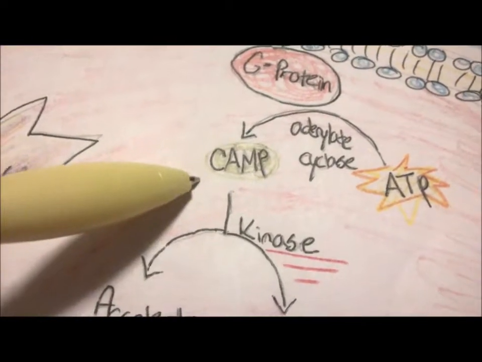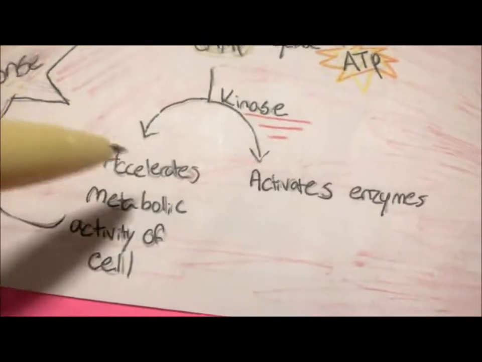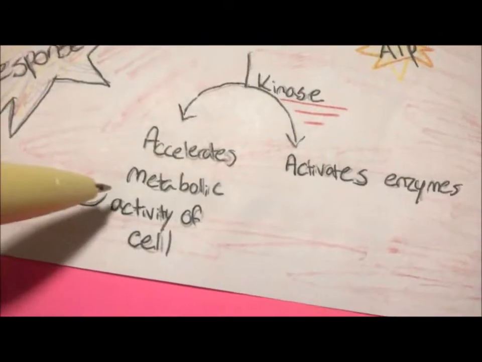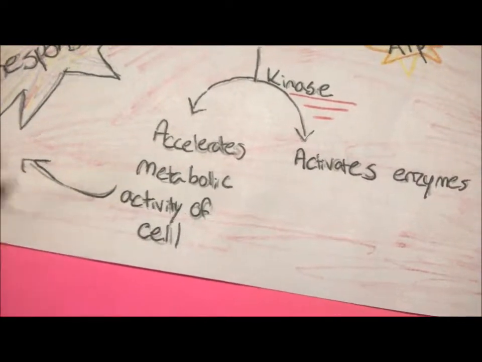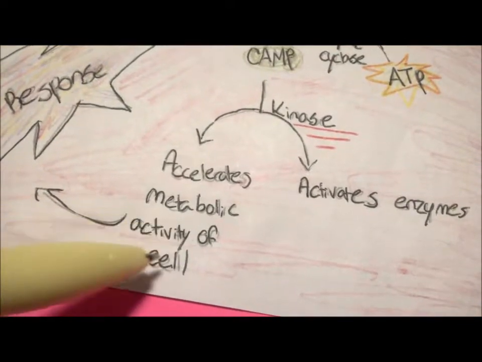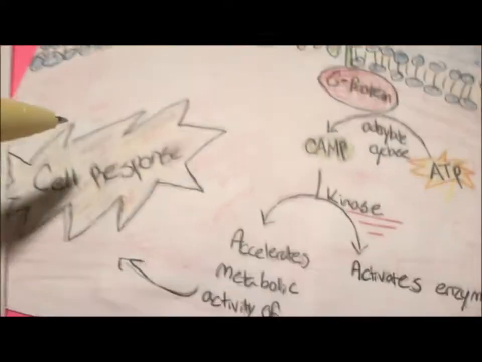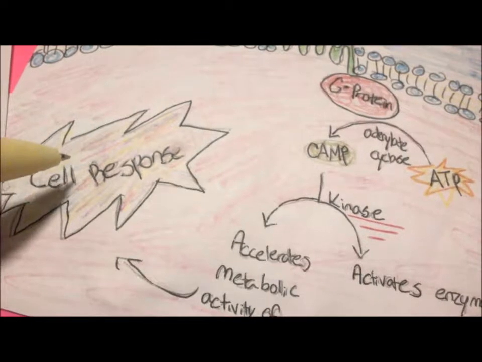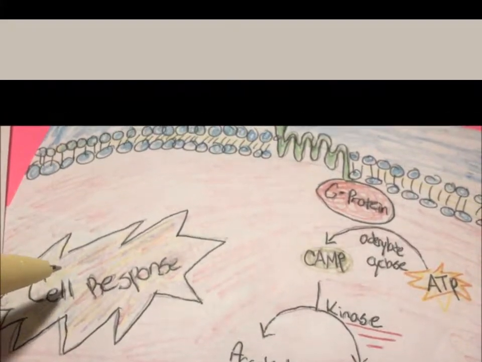Cyclic AMP will then activate kinases, proteins that will cause a cascade of reactions that will activate other enzymes and accelerate metabolic activity of a cell. As a result, a cellular response will occur, such as the increase of glycogen levels in the body.